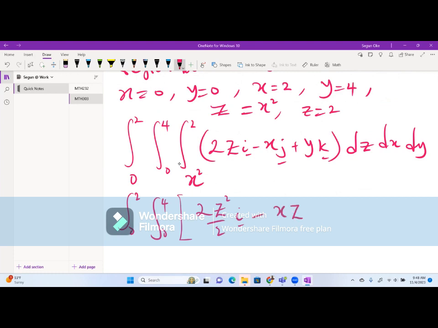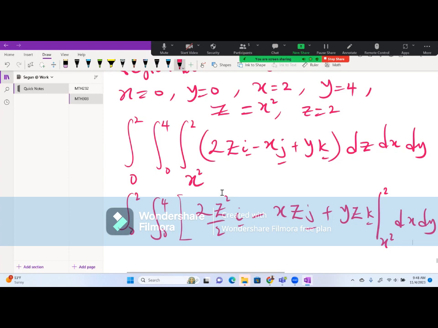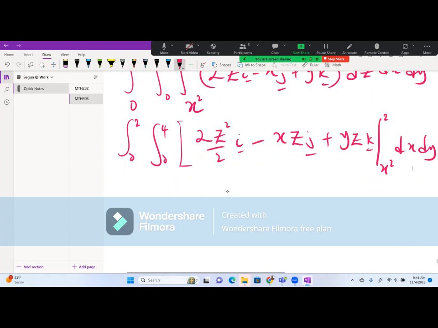minus xz j plus yz k. You have x raised to square to 2. So we have the dx, the dy. So now let's substitute. The 2 cancels here. We can substitute upper limit minus lower limit.